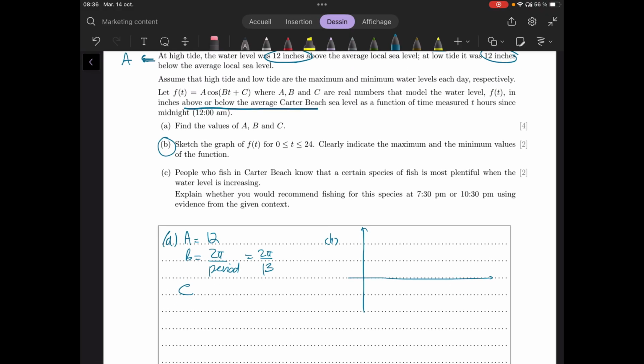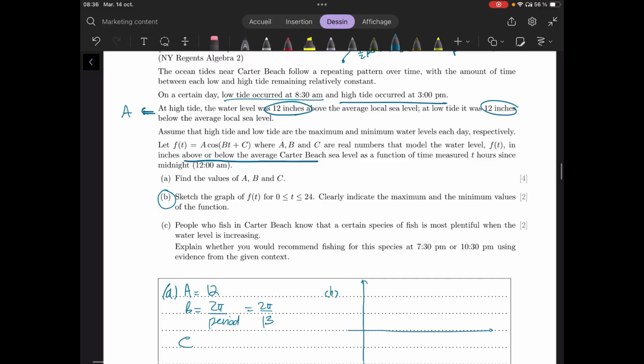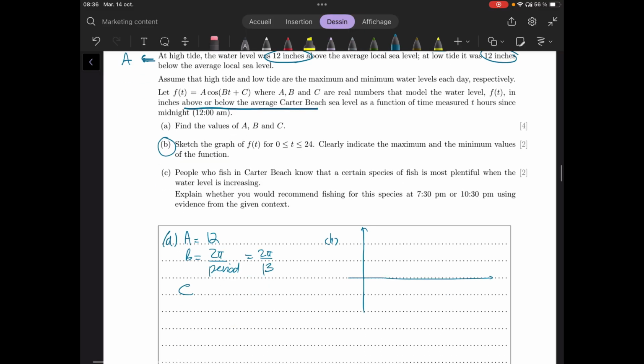So we know that at low tide, at 8:30 a.m., we are at the minimum. At 3 p.m. or 15 hours, we are at the maximum. So it should look something like this.